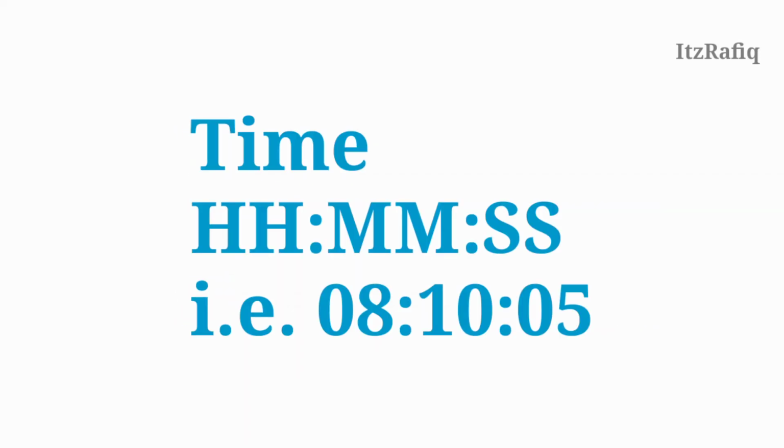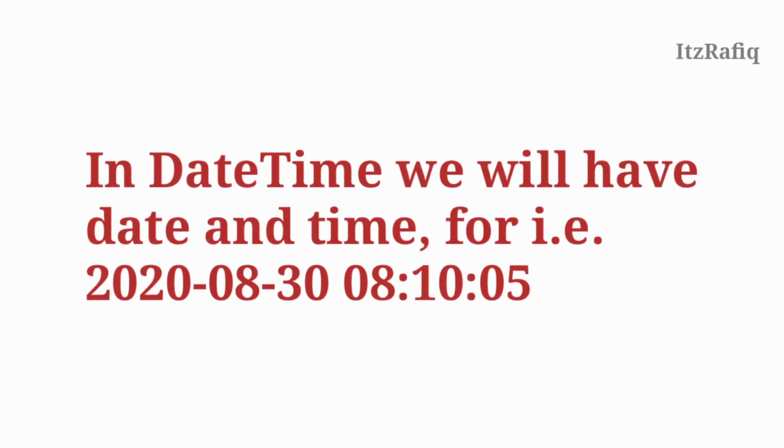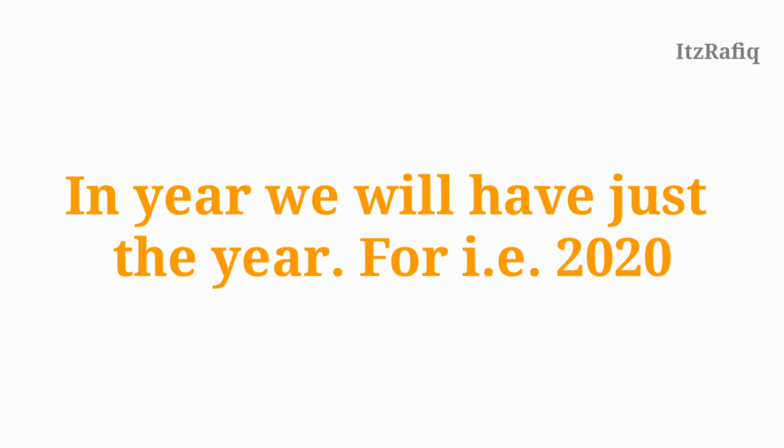In time, the format is HH:MM:SS. HH means hour, MM minutes, and SS seconds. In datetime, we have first the date, then the time. And in year, we have just the year. Suppose at present the year is 2020, so the value will be only 2020.